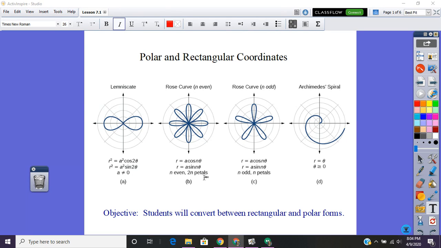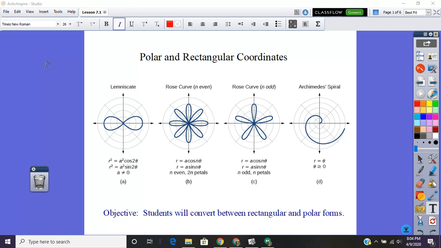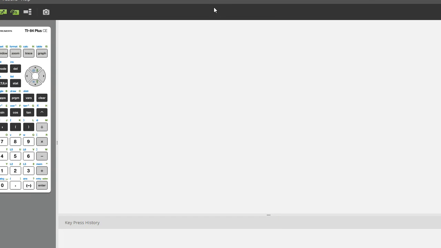On your calculator, you would go to Mode, and you would change it from function to polar, and then you can actually graph all these kind of fun graphs.